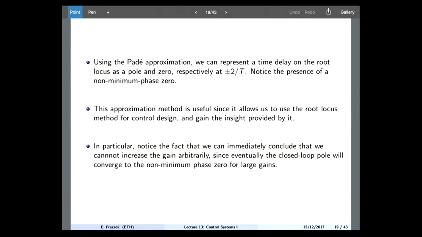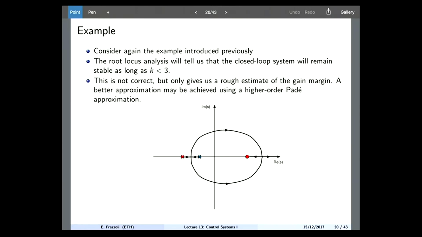So you can take this approximation and use it to approximate your time delay when you're doing the root locus sketch. In this case, the blue pole here is the original pole in the loop transfer function. Then the time delay introduces a pole here, and a non-minimum phase zero here. What is the effect on the root locus?